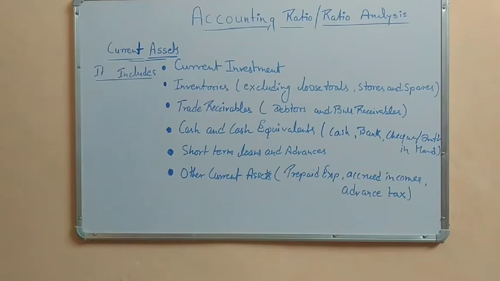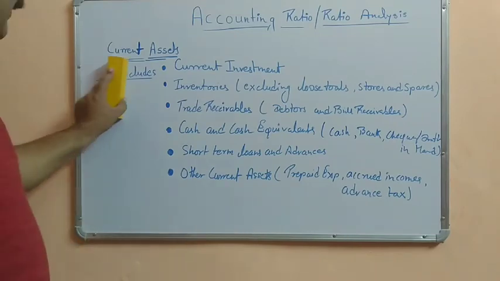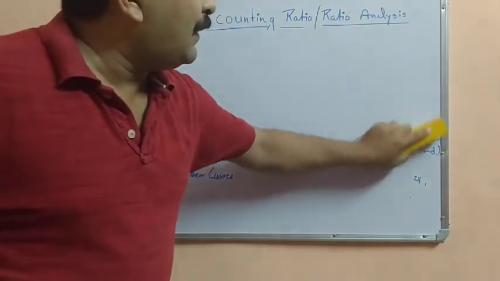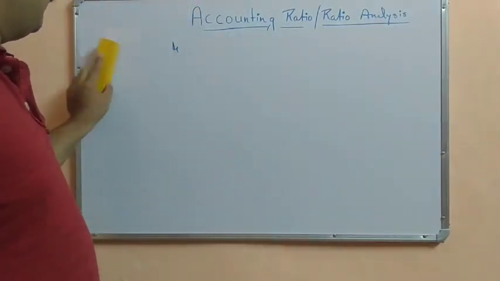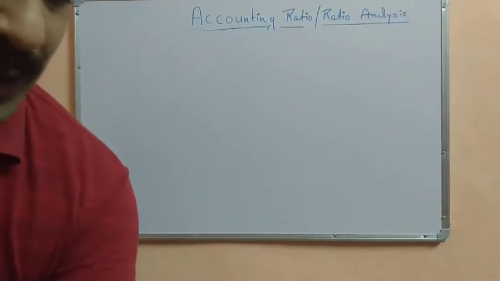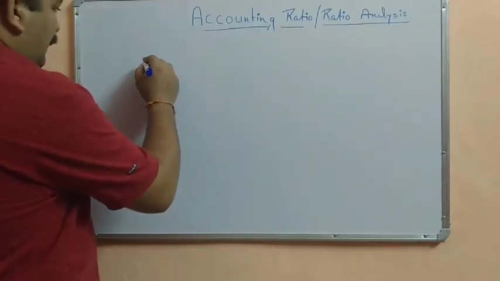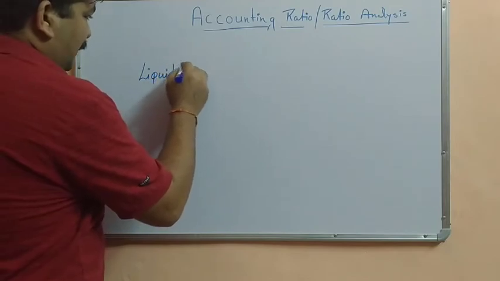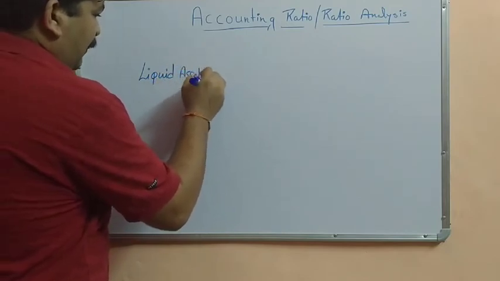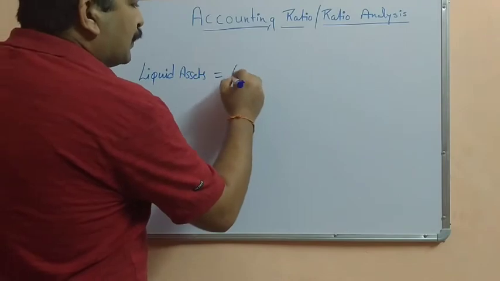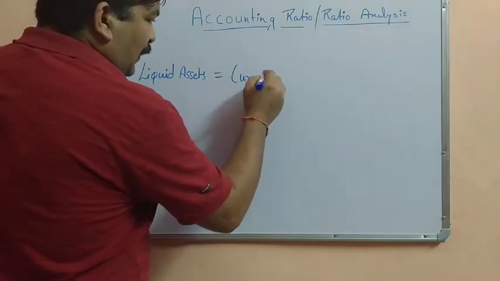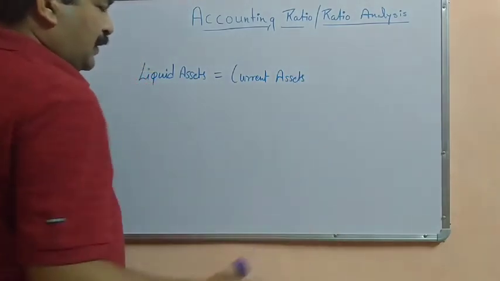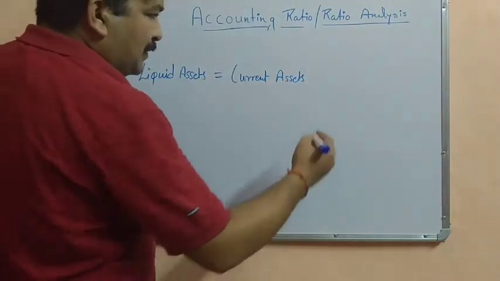Let us try to understand one more thing. What items are included in liquid asset? Liquid asset equals current asset minus two items.